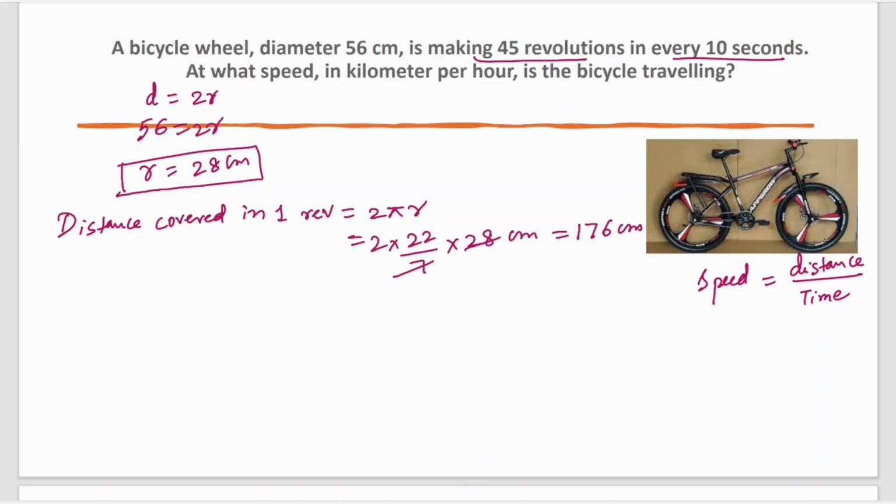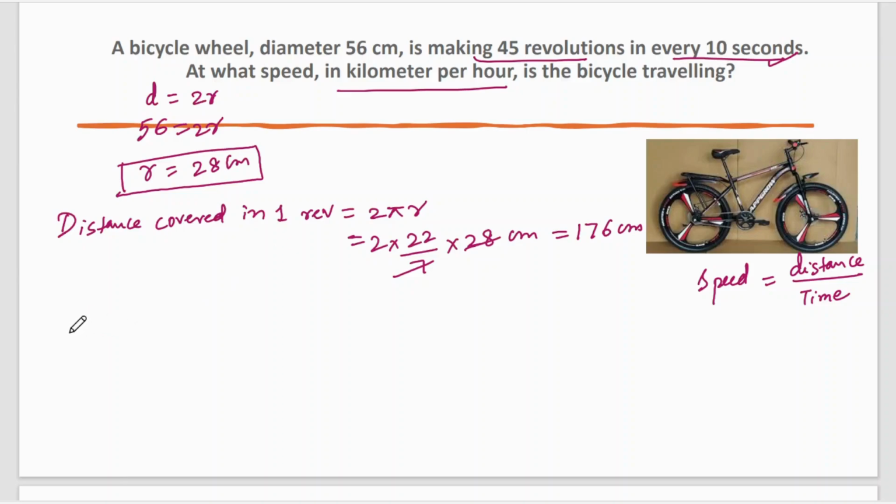Okay, and the time is given in seconds. They have asked the question in kilometer per hour. So let me tell you one more thing. They are making 45 revolutions in 10 seconds.